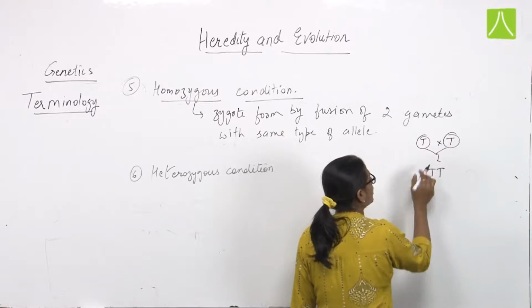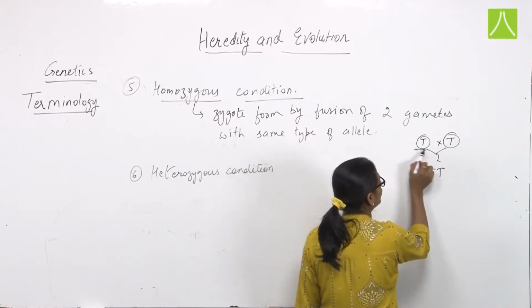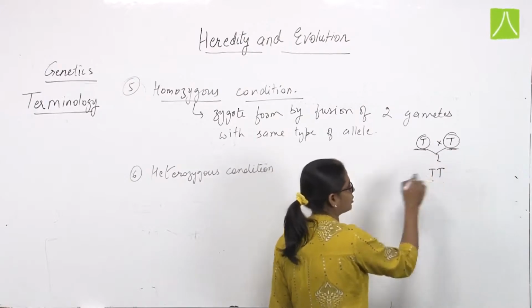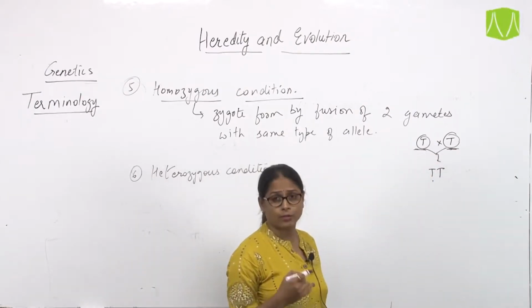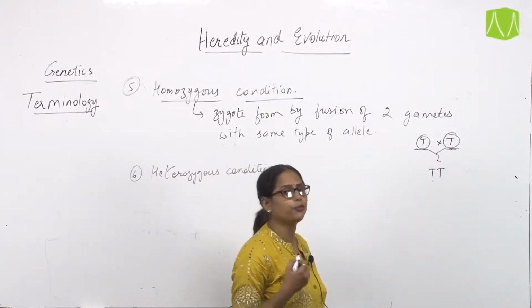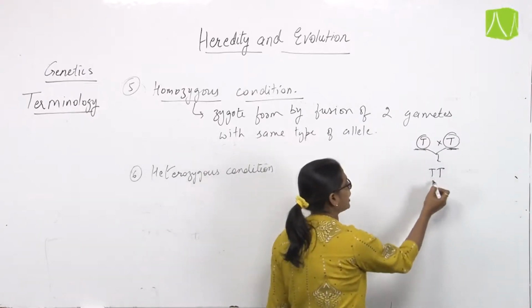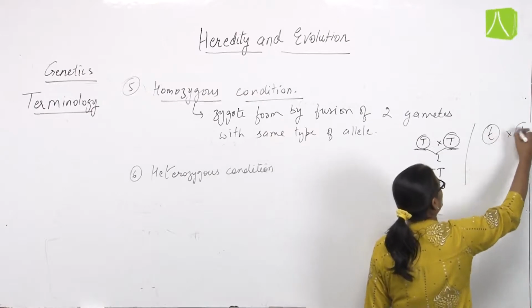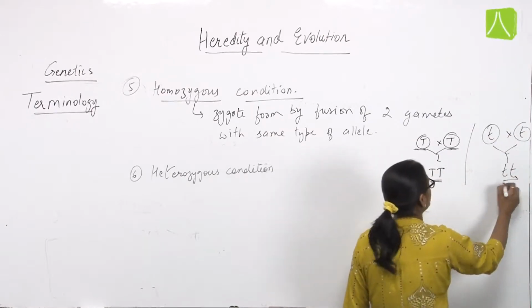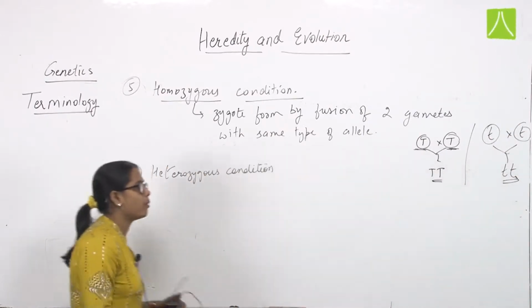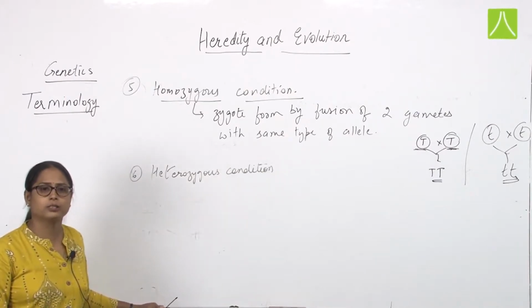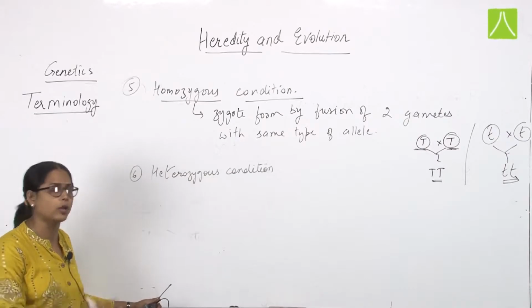So if this gamete is having only capital T allele and this gamete is also having capital T, the zygote formed is a diploid cell, known as homozygote, or it may appear in this form also. So this is also homozygote because the same type of allele are fusing together to form a diploid zygote.